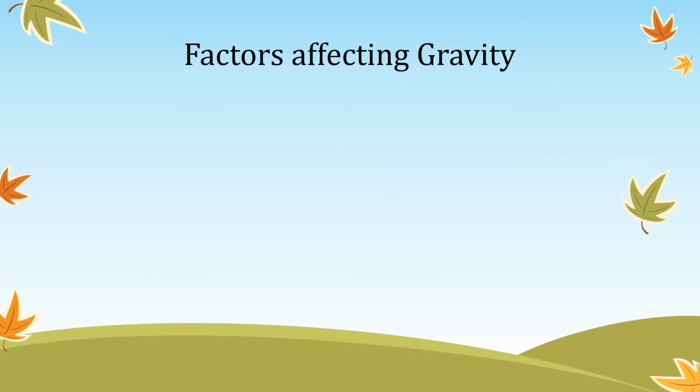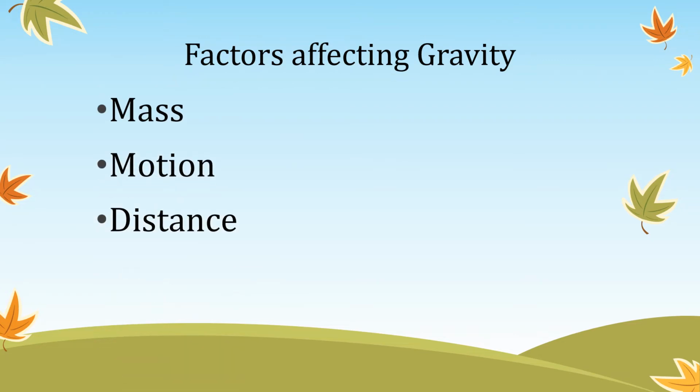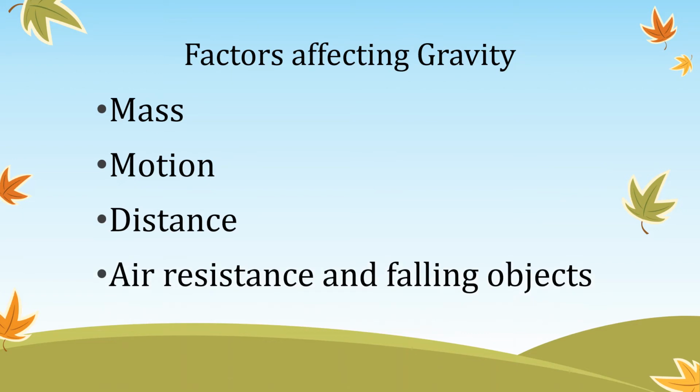Based on the pictures or scenarios that I have shown you earlier, those are the factors affecting gravity. First, we have mass, motion, distance, and air resistance and falling objects. These are the four factors affecting gravity.